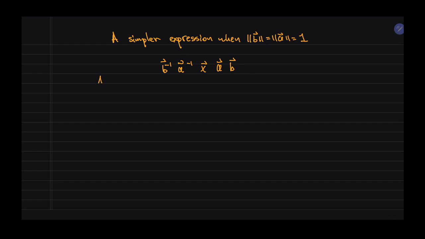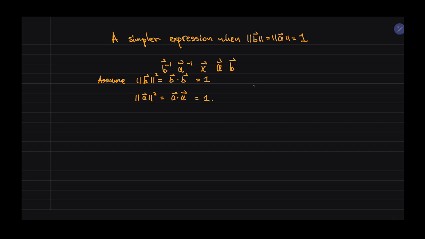So assume that the length squared, which is the dot product b dot b, is equal to 1, and also the length of a squared, a dot a, is equal to 1.